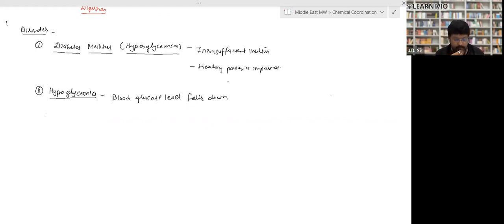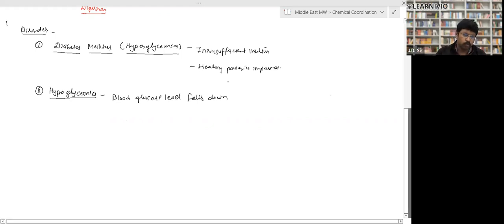Theoretically, it may be due to excess of insulin or deficiency of glucagon, or both.